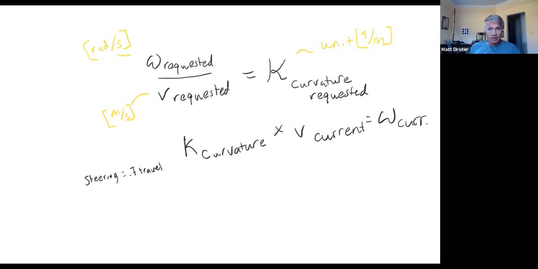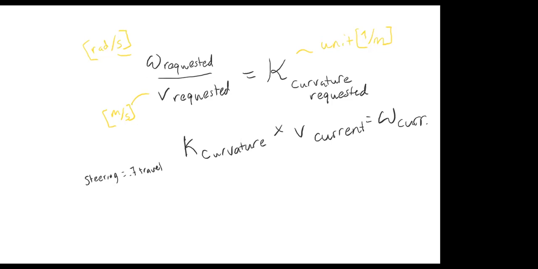So like lock to lock is -1 to +1? Yeah, yes. That's what I typically do. But I'm thinking if you're making a map of your steering, you're probably going to get back some analog value, right? And so you just map that.